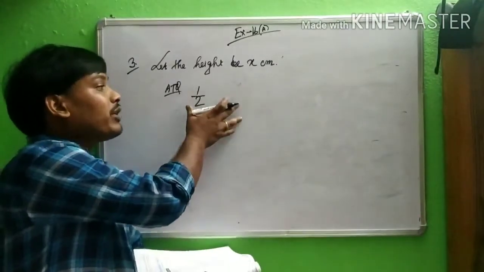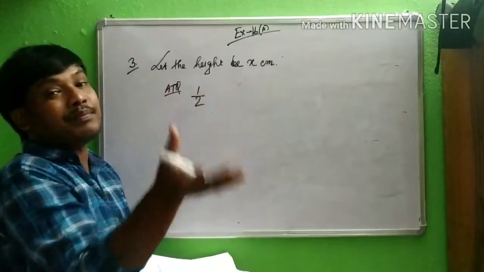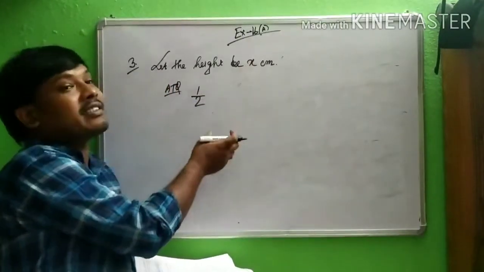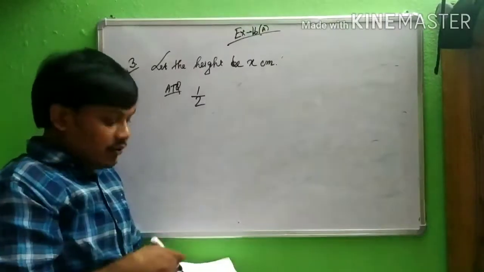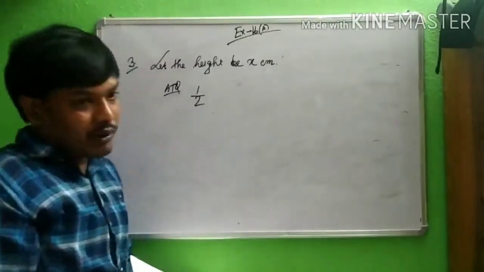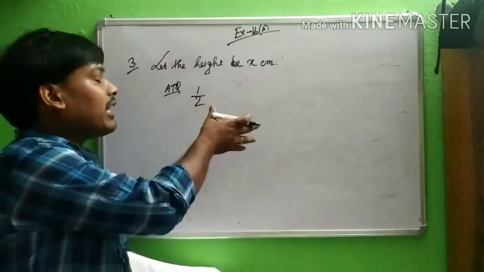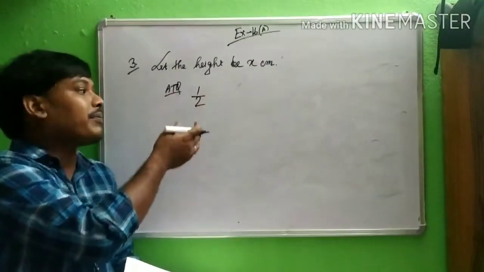So area is 2664, and first we find the area using this x and the parallel sides, and the area is given in the question. So these two values are equal, because in both cases we have to find the area of the trapezium.